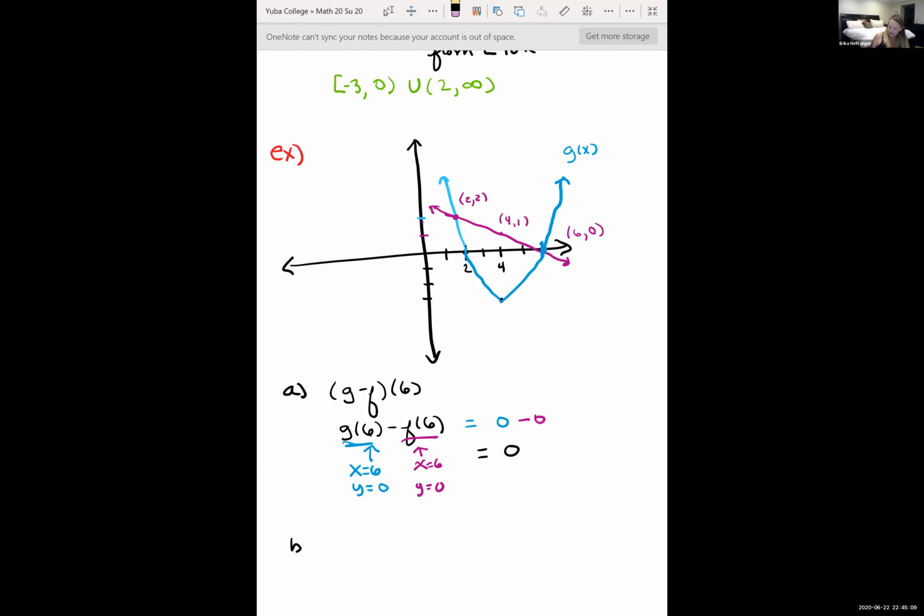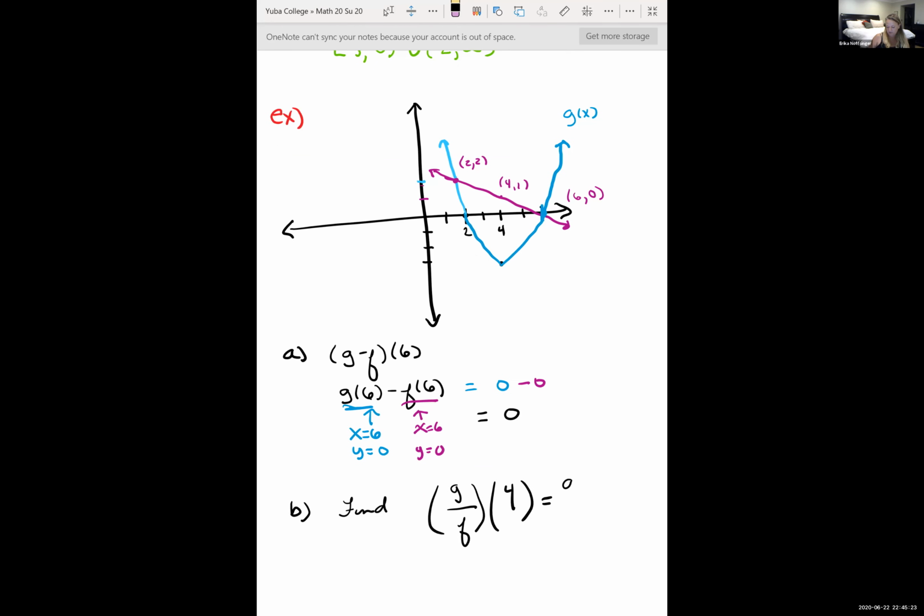So if it said find g over f of 4, this is saying you want to look at what is g of 4 all over what is f of 4.